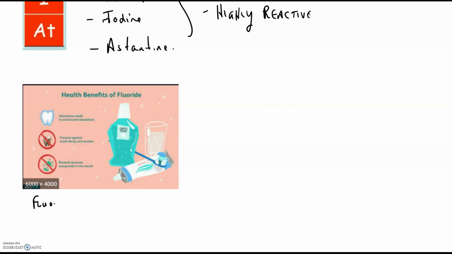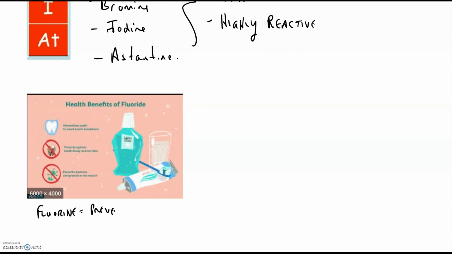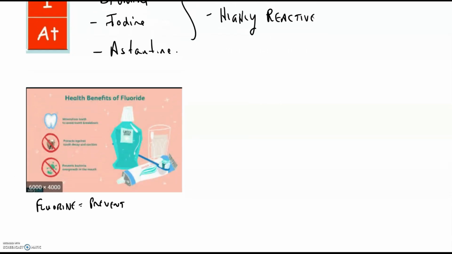So fluorine, in this case, the fluoride ion, prevents tooth decay because it eliminates the bacteria that cause it. So you've used that stuff before.